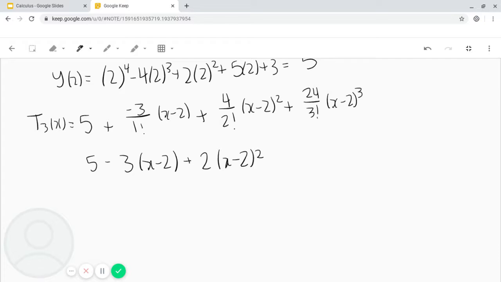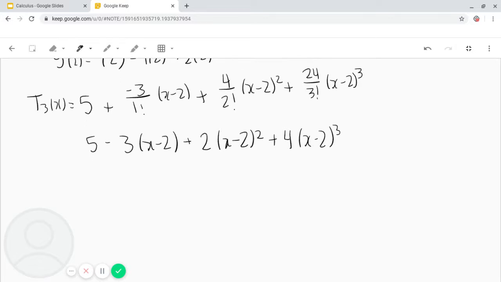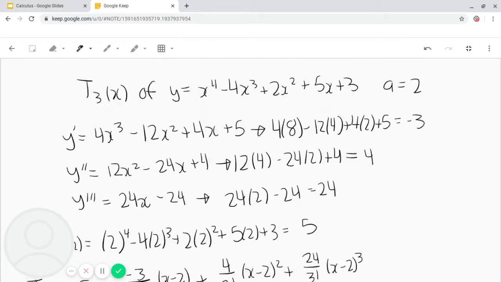And 3 factorial is 6. All right, so that is our third degree Taylor polynomial for that function. So that was our first question.